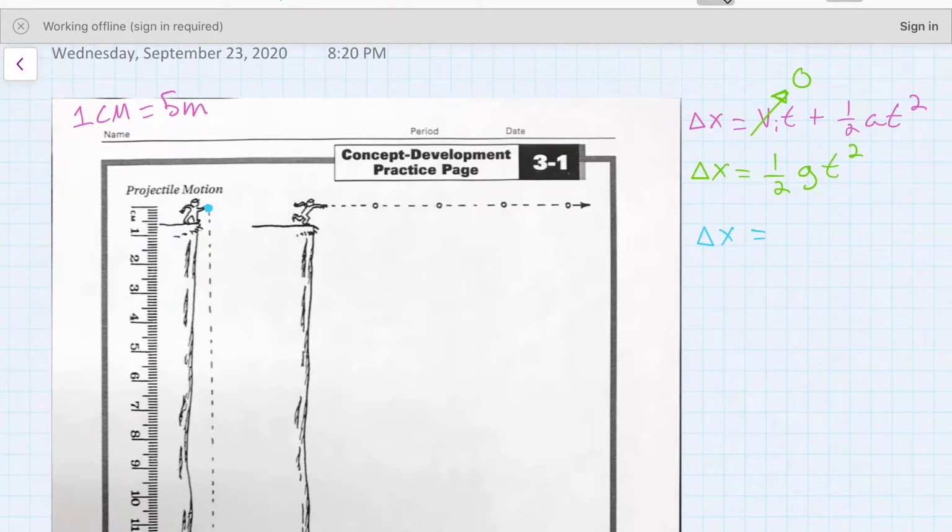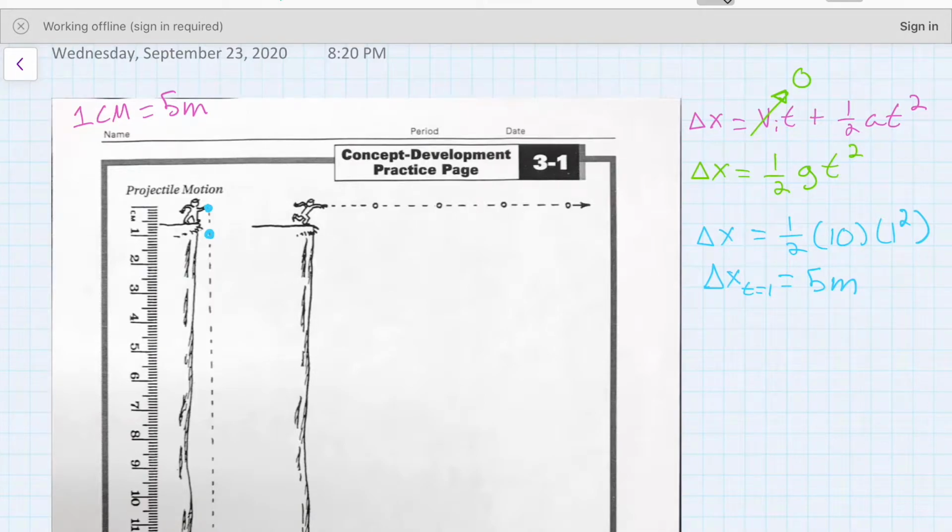The displacement is 1/2 times 10 meters per second squared times 1 second squared. That would be the first displacement: at t equals 1, 1 times 10 divided by 2, which would be 5 meters. That would mean at 1 second the ball is right there.